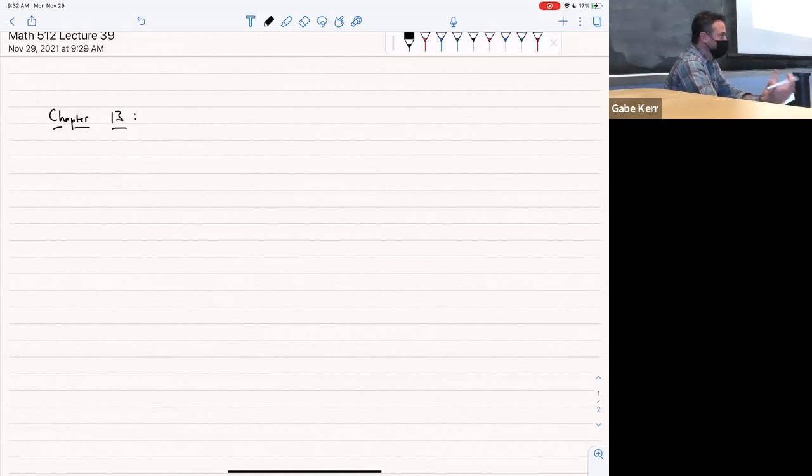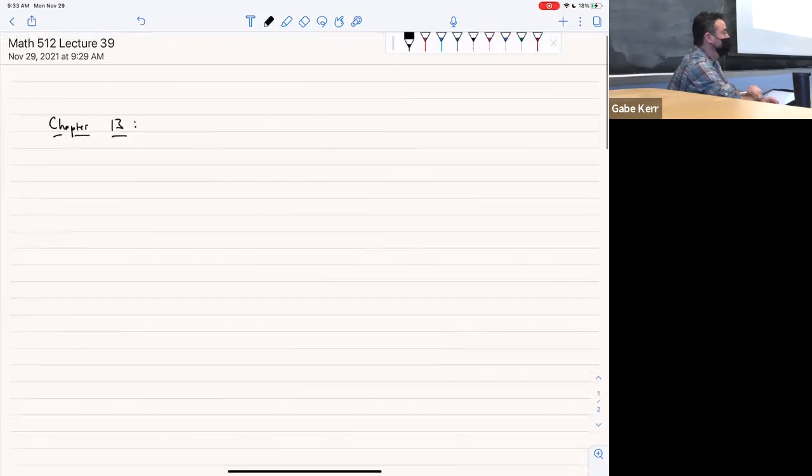You should think of this chapter as an application of what we learned with PIDs, UFDs, all of that, some of the rings. It's not something where if I don't know this, I'm going to be in trouble with graduate algebra courses. This is a topic you can like or not like, but it shouldn't get in the way of moving forward.